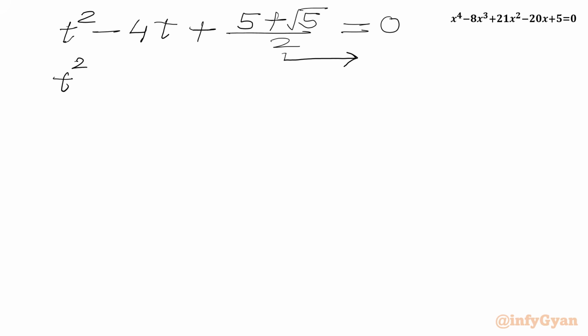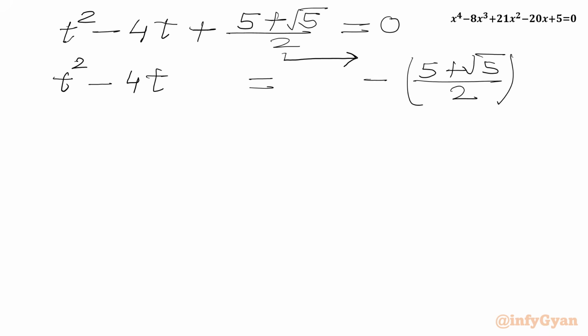So t square minus 4t will be in the LHS, and in the RHS, I will write minus of (5 plus root 5) over 2. Now we have to add something in both the sides. So I will add 4 here, so we have to add 4 in the RHS.